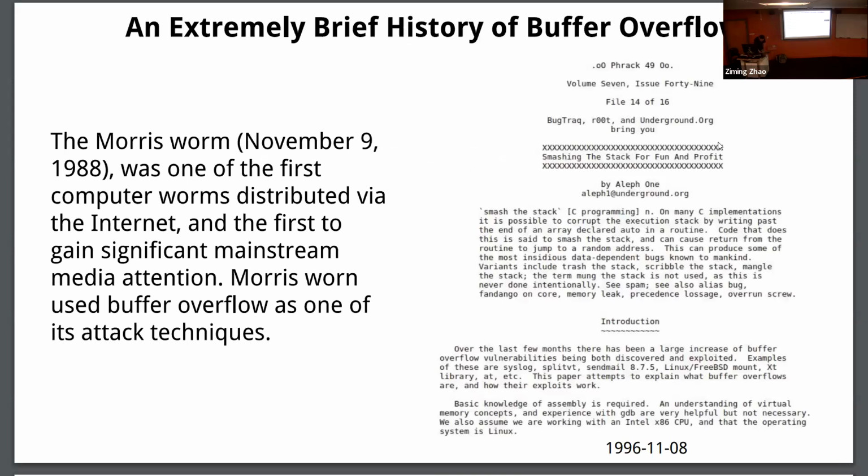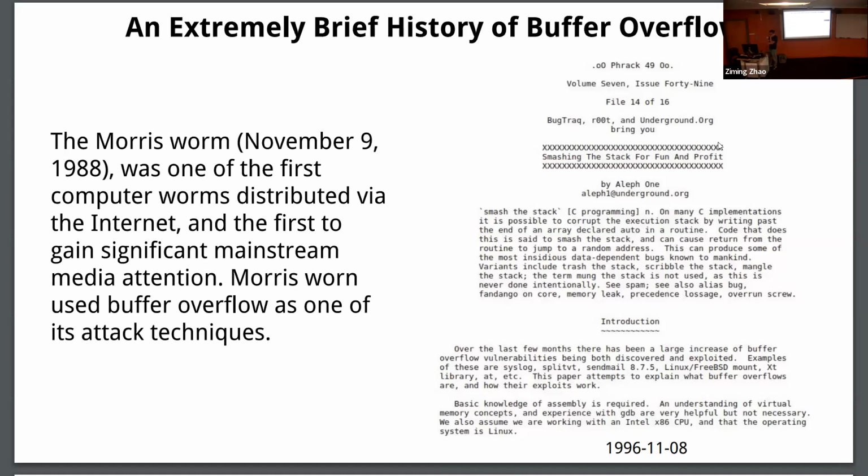So a little bit of history about buffer overflow. This technique was discovered back in the 80s, but back then, not many people knew about this. The very first famous exploitation of this was the Morris worm back in 1988.